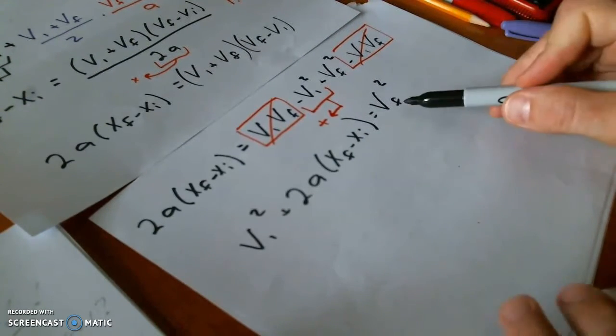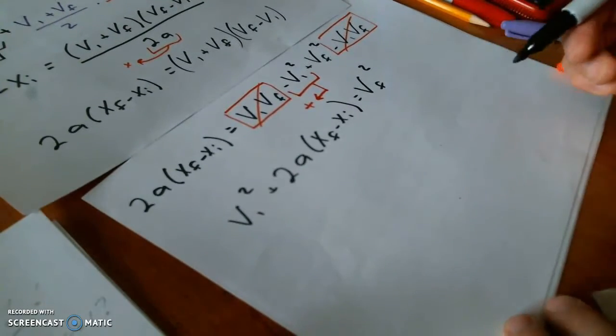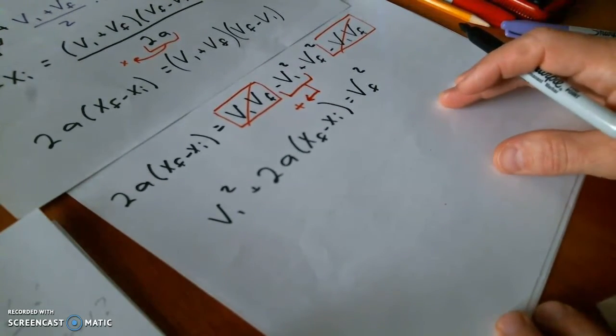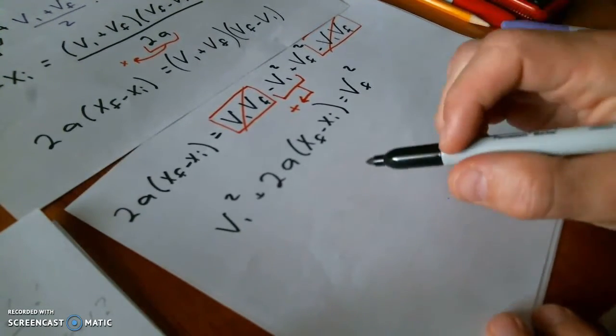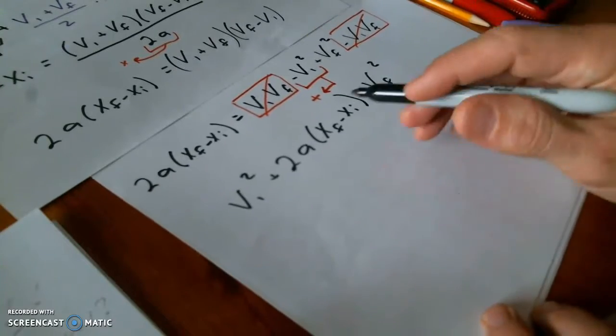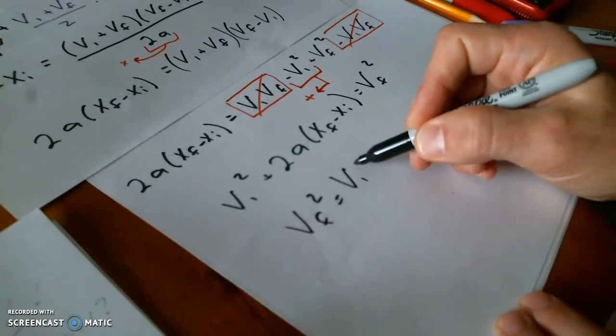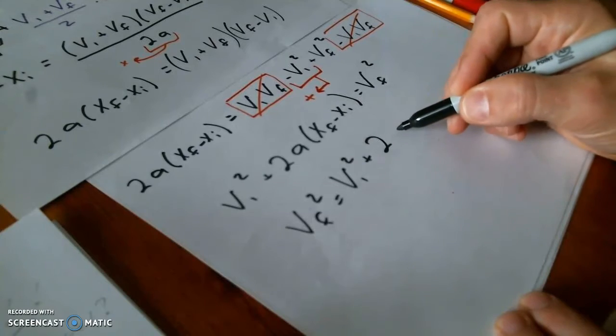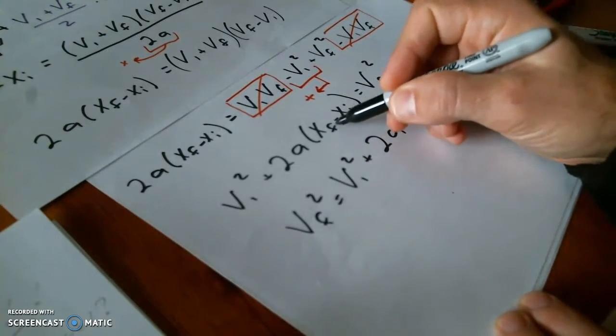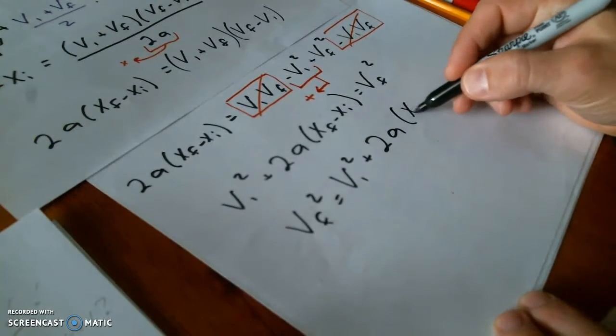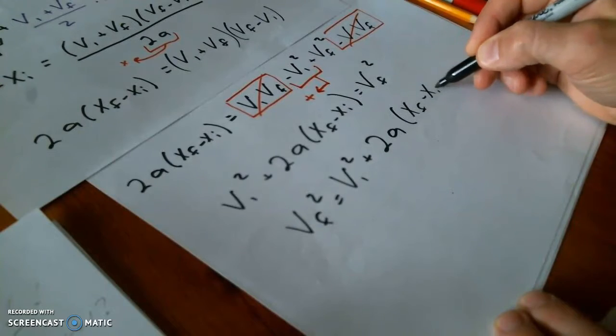Okay? Now usually we'll write it the other way with the VF on the left. That's kind of why I did that a little. But anyway, the fifth equation is usually written with that on the left. So let me do that. VF squared is equal to VI squared plus 2A. And sometimes they just write delta X, but I go XF minus XI.